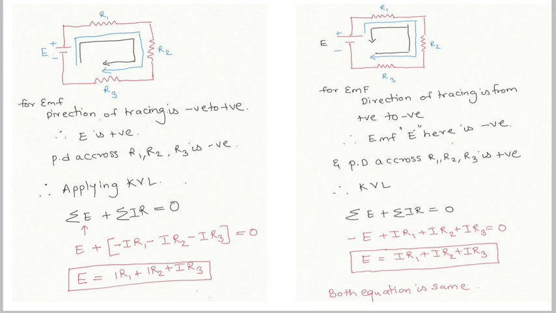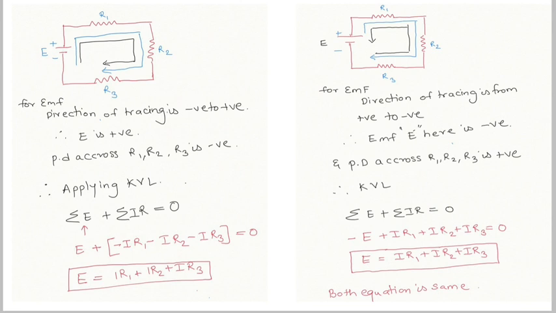Now in the second example, I have shown that the tracing direction, the black arrow, is in the opposite direction. Again for the EMF, it is going from positive to negative, so the EMF will be negative. The potential differences are opposite, therefore they will be positive. So the summation of E plus the summation of IR will be equal to 0: minus E plus IR1 plus IR2 plus IR3 is equal to 0, so E is equal to IR1 plus IR2 plus IR3.